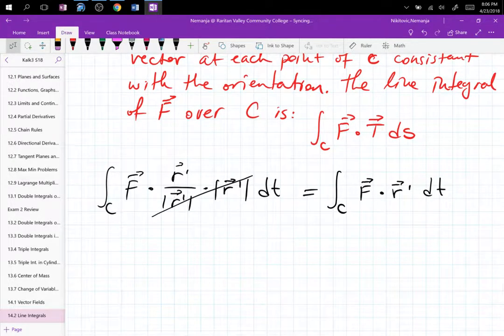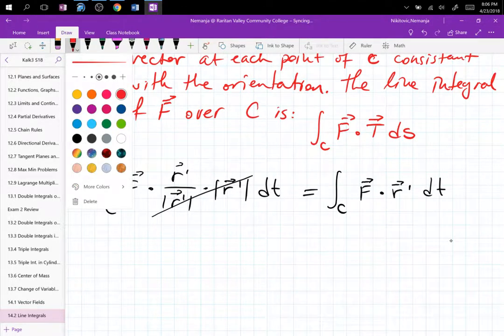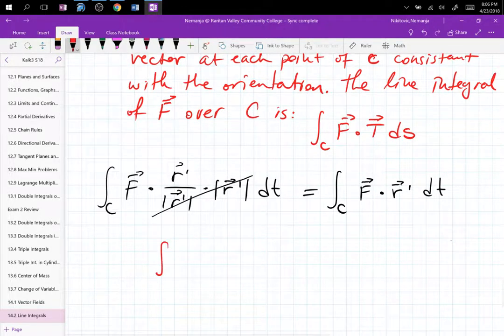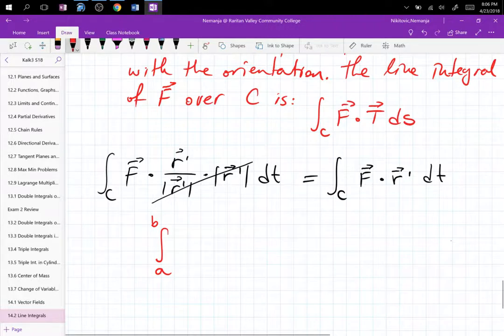So what is the formula that you are going to use to compute these things? It's going to be the integral from a to b, again, dt, right? And now, remember that your vector field f is f, g, h. Actually, let me write that before I do this.